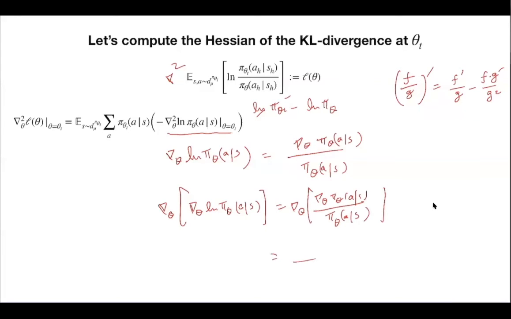So this is pi theta A given S in the denominator; I do not change my denominator. I'm only going to apply the gradient on the numerator, which gives me the second order derivative of my policy. And then for the second term, I keep the numerator fixed and apply the gradient on the denominator.